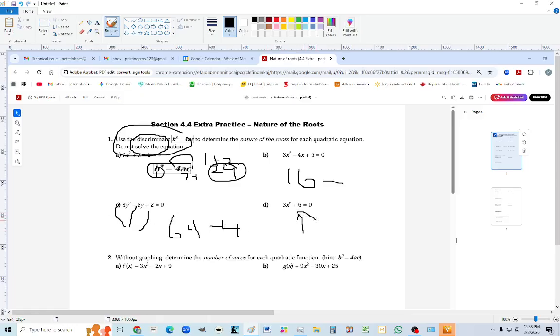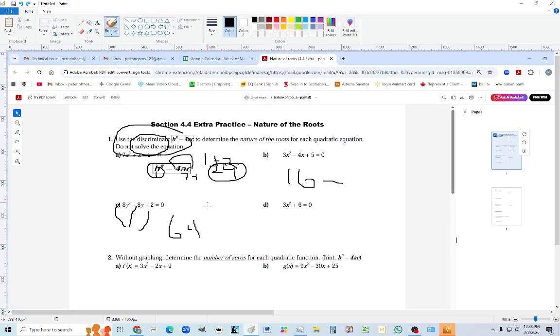There is no B, so we assign a value of B of 0 here. So B squared, 0 squared, 0. Minus 4 times A, which is minus 12, times 6, which is minus 72. This is a negative value. It does not touch the x-axis at all, so it's got no roots.